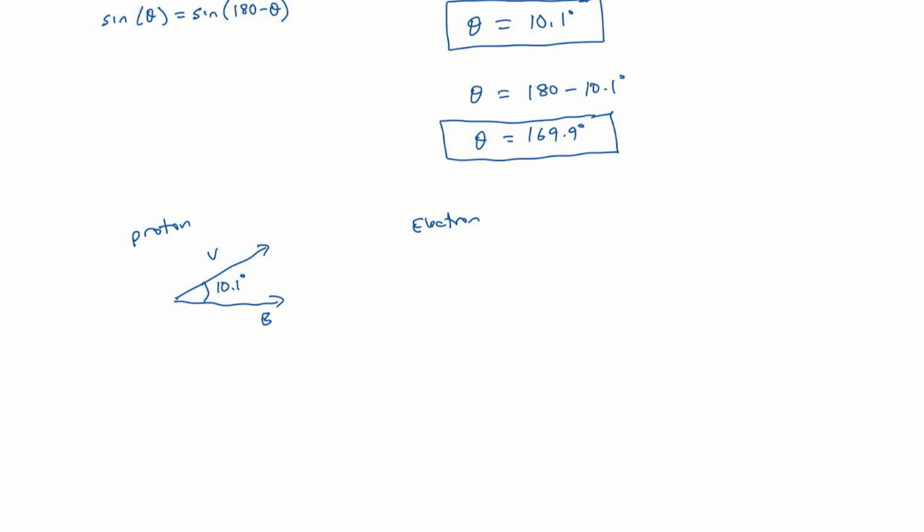And so sometimes it's easier to draw with the coordinate system there. So here's our B. And instead of the 10.1 made with the first quadrant, it's going to be like this. And so this is the 169.9 degrees. So when the proton moves at 10.1, the electron moves at an angle of 169.9 degrees.